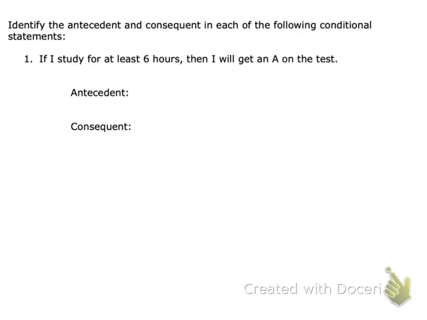Okay, so first page, just recognizing antecedent and consequent. If I study for at least 6 hours, then I will get an A on the test. The antecedent, I study for at least 6 hours.